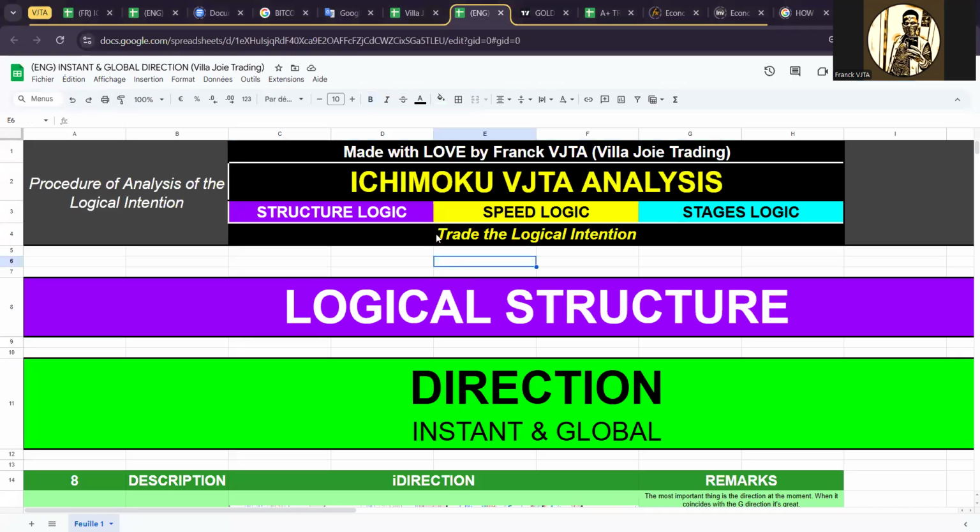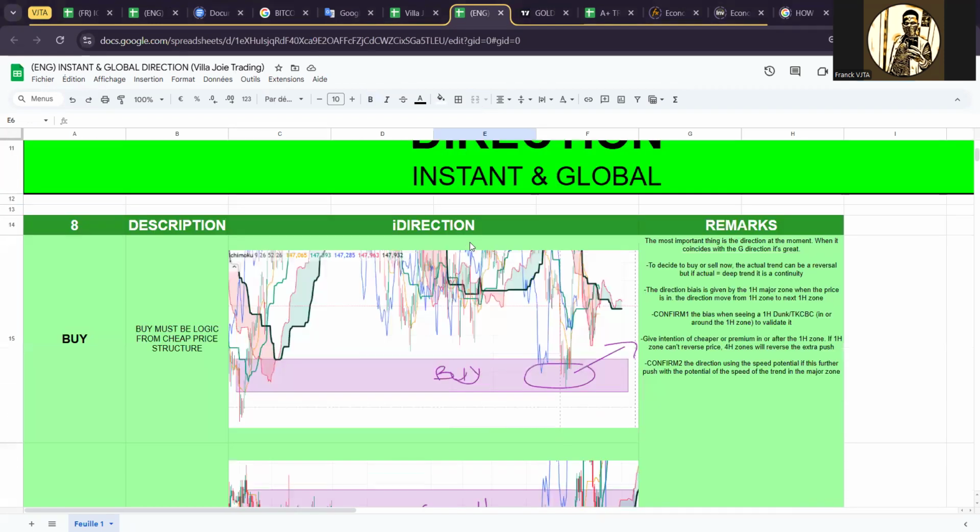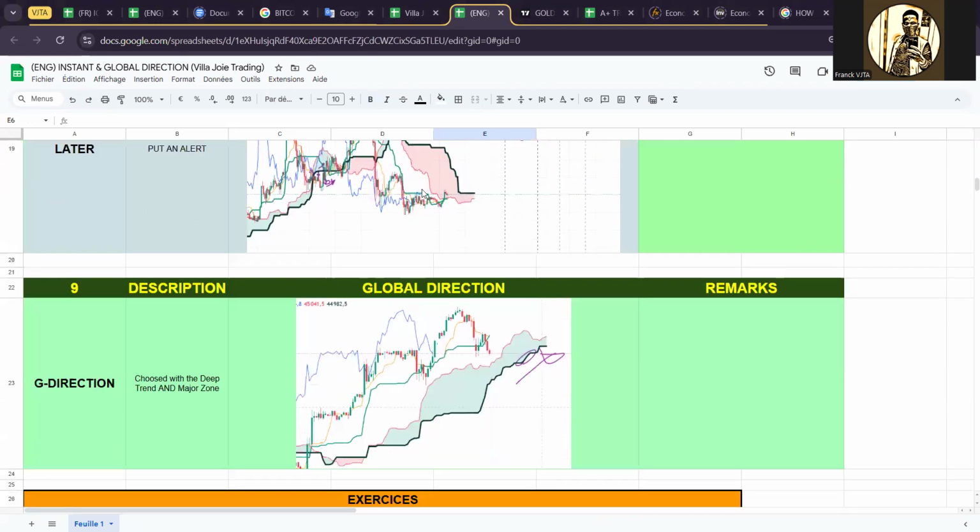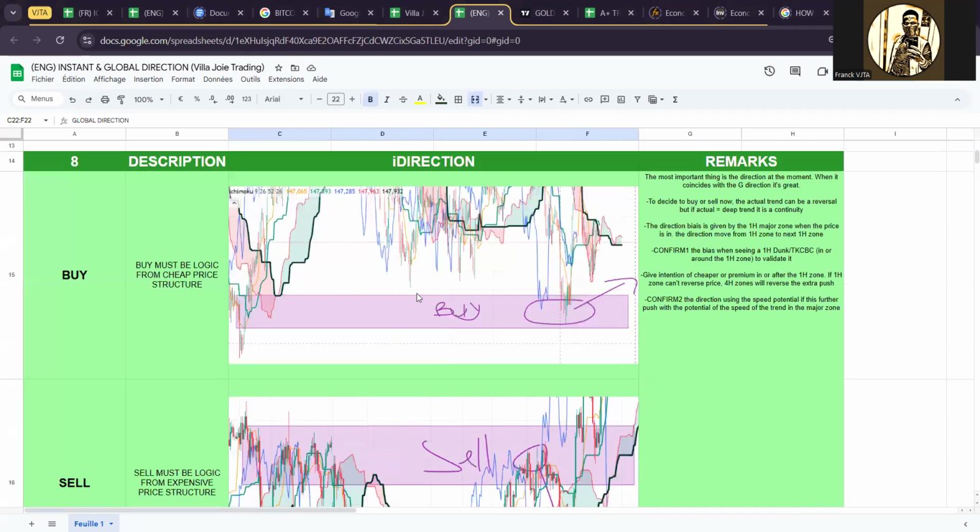For this whole analysis of the direction, we now need to identify what the global direction is and what the instant direction is. As you can see here, you have the global direction here and the instant direction here.